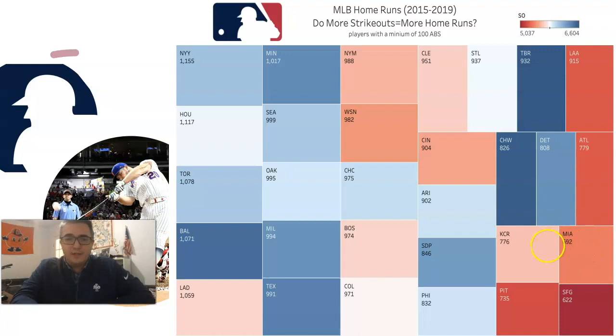Most of the red, which was lower strikeouts, is on this side. There's one outlier over here, the LA Dodgers, and a few outliers over here, like the White Sox and Tampa Bay Rays. But besides that, you can see a pattern in this tree map.